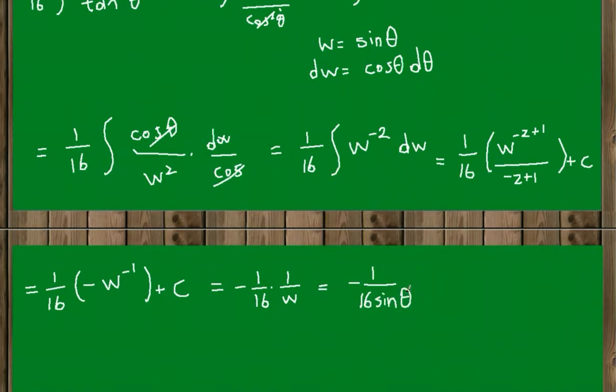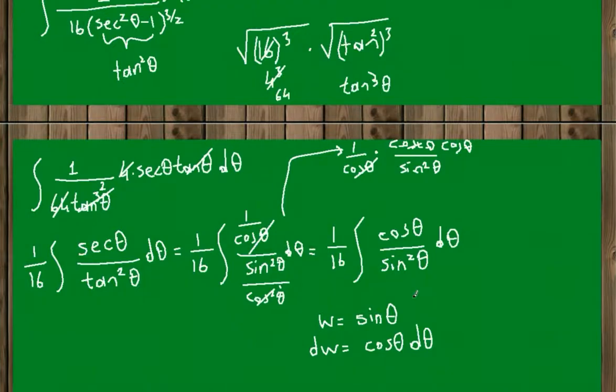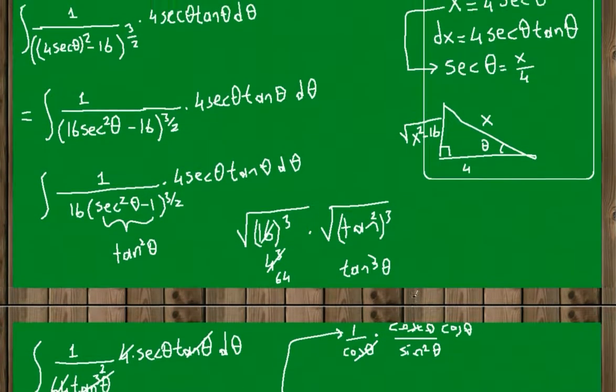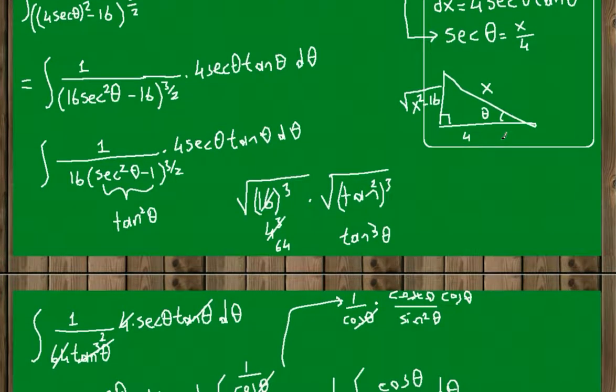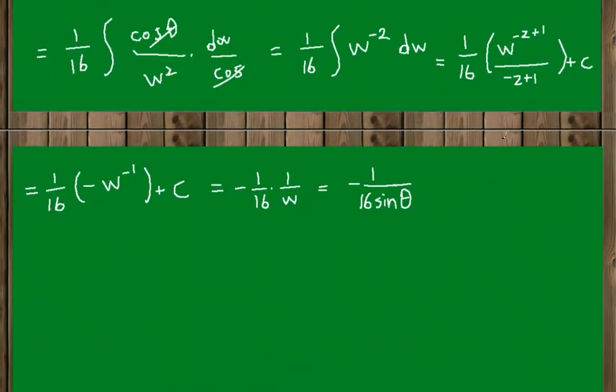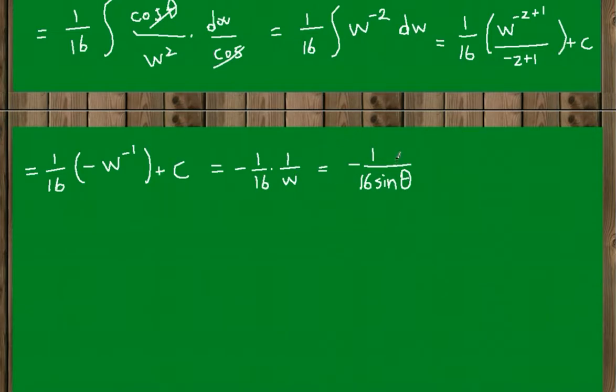And we have to write sine theta in terms of x. So we have to utilize our right triangle. The sine function is opposite over hypotenuse, so the square root of x squared minus 16 over x. Since it's 1 over sine, it flips.